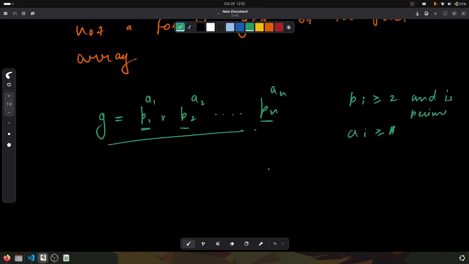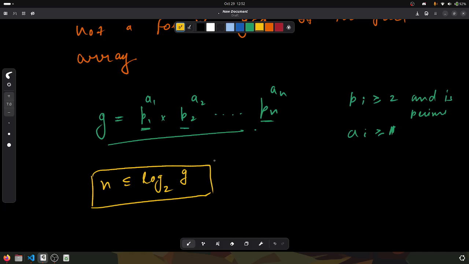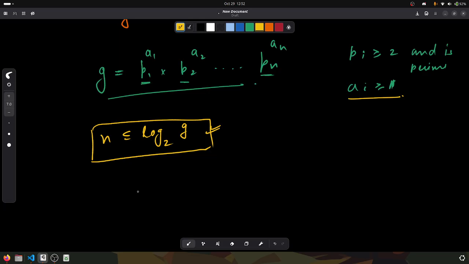So here we know one property: n must be less than or equal to log G base 2. Why this property? Because let's say that all the Ai are equal to 1. So this will look like P1 into P2 till Pn.